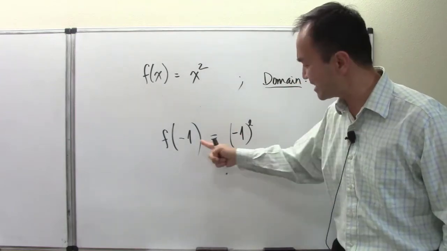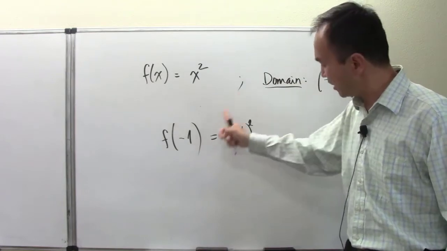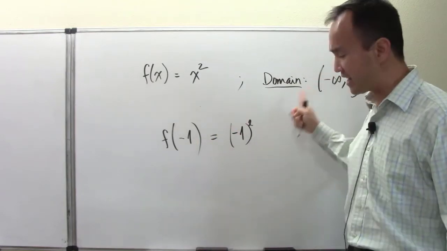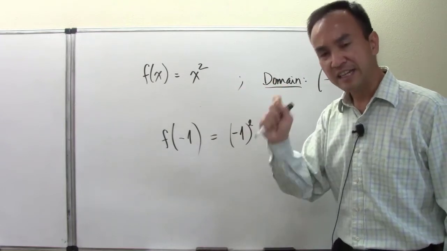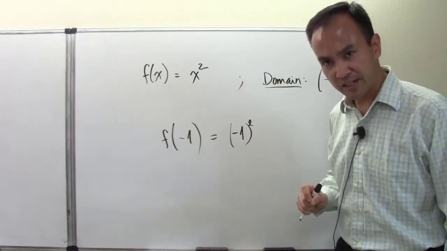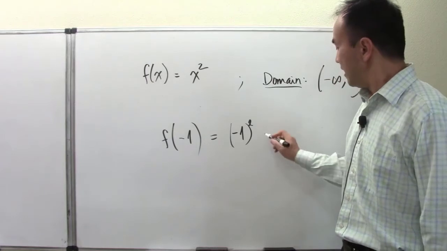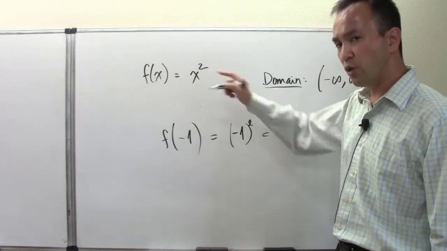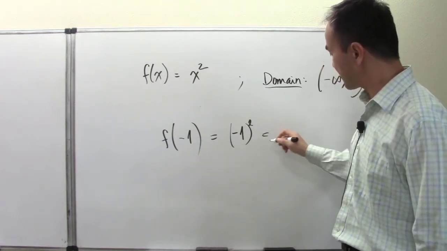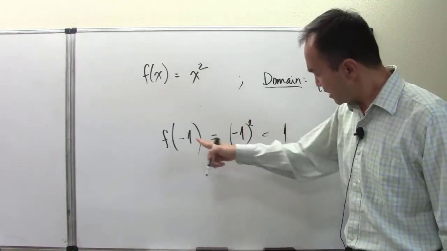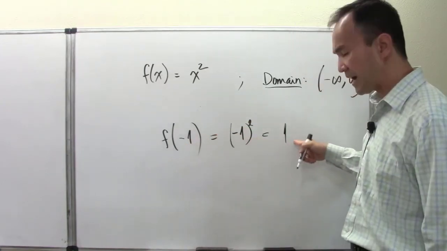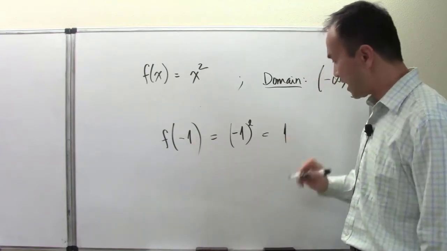As we know our domain, we're going to pick an input from that domain, and we're investigating the outputs. What kind of behavior is the output going to have? In the way this rule works, we have an output here, and it's a positive one. So a negative input gave a positive output.